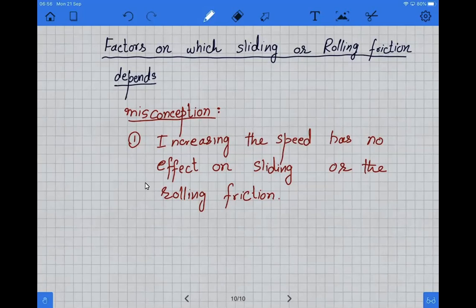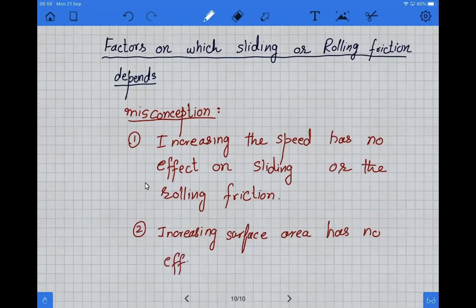So this is the first misconception. Second misconception is about surface area. Increasing the surface area has no effect on the friction.